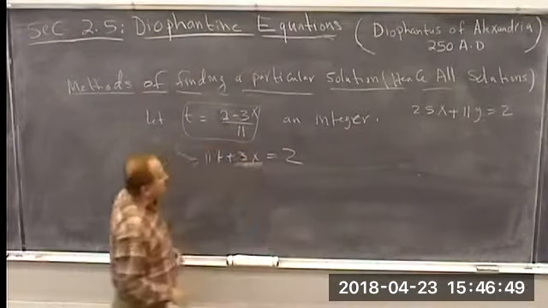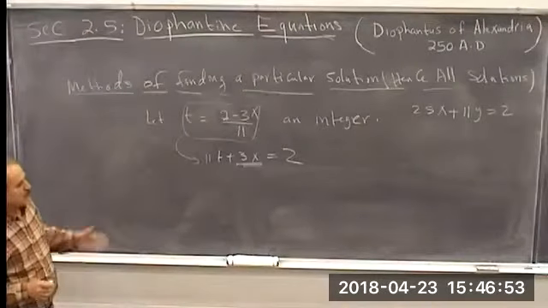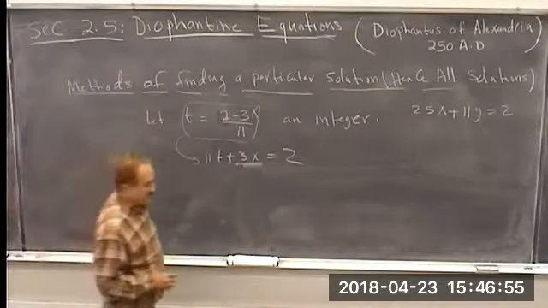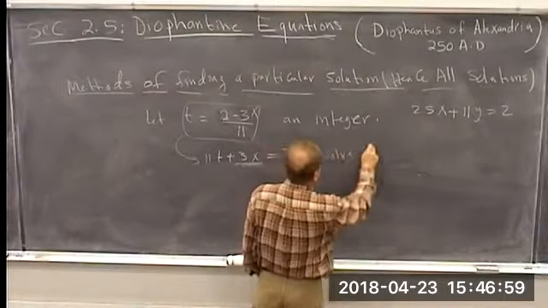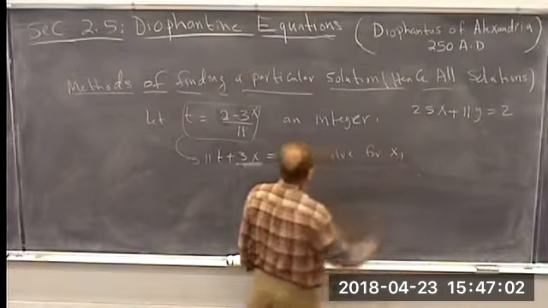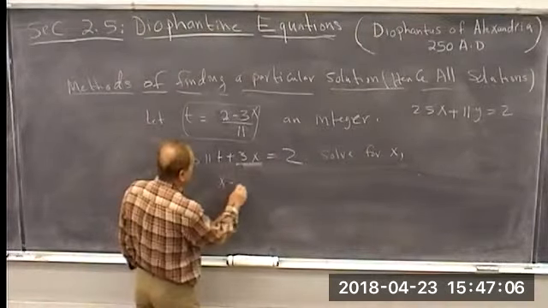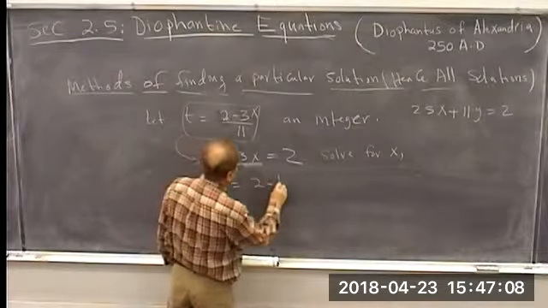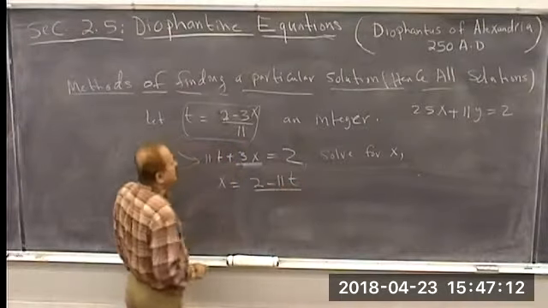Now, this method becomes very, very important because when we look at the Diophantine equation in 3 variables, 4 variables, this is the much better method. Okay, so we're going to solve for x. So in here we're going to get x equal to 2 minus 11t over 3.